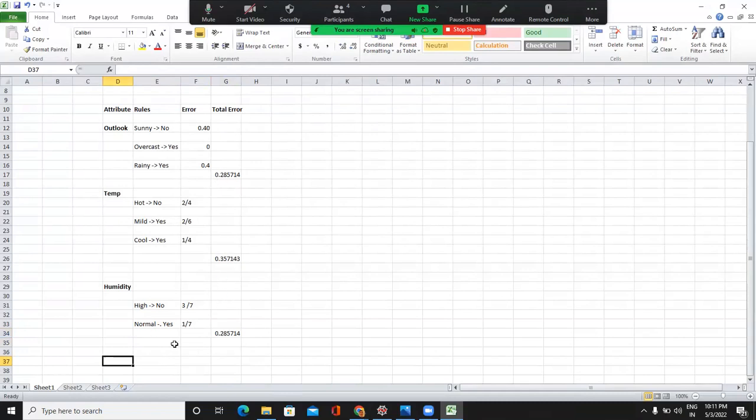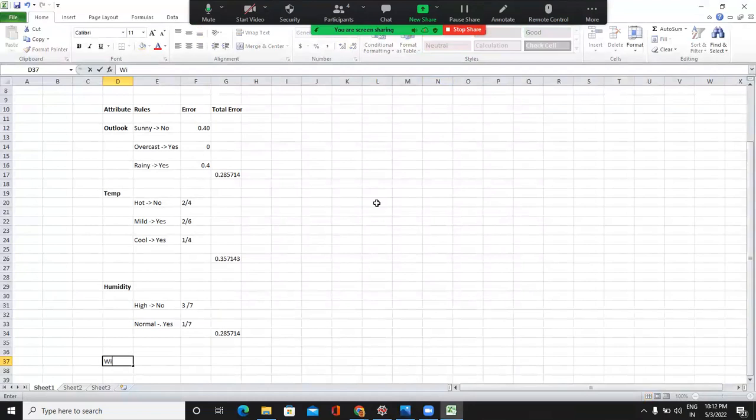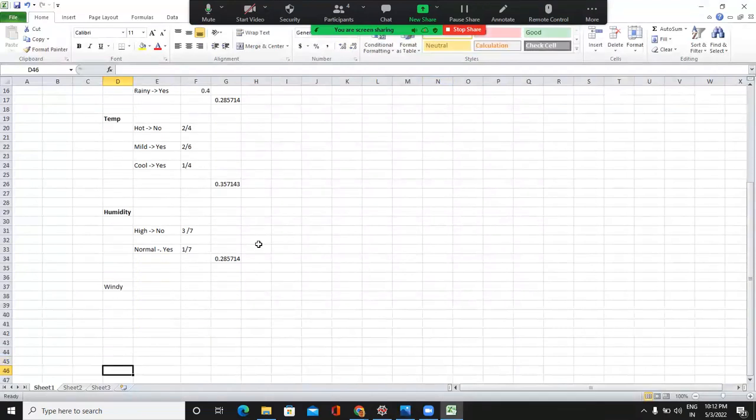Now if the other feature, windy, gives a score less than 2.8, then we will be choosing that as the root node. So we are trying to minimize the error. Whichever feature, calculating the errors like this, gives the least total error, we will choose that as the root node.